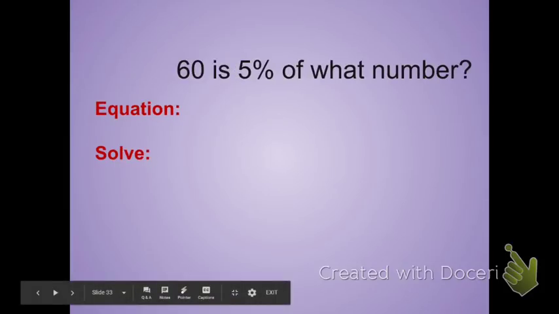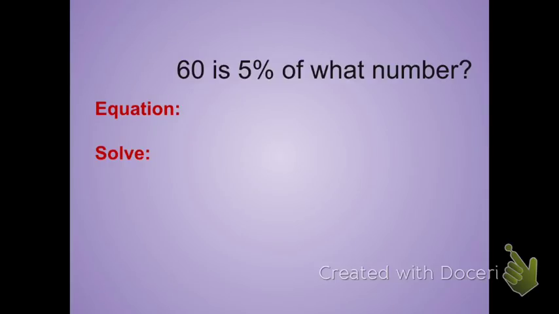60 is 5% of what number? So we're going to write down the number 60. Is equal. Now 5%, be careful on this one. What's that as a decimal? 0.05, because we have to move it two places. So 0.05 of is times, and what number is x?